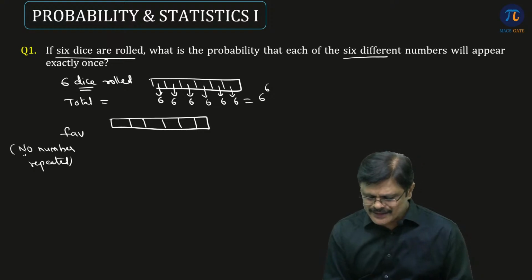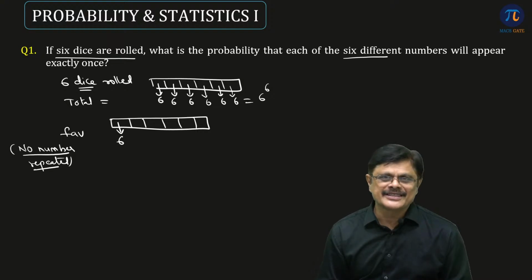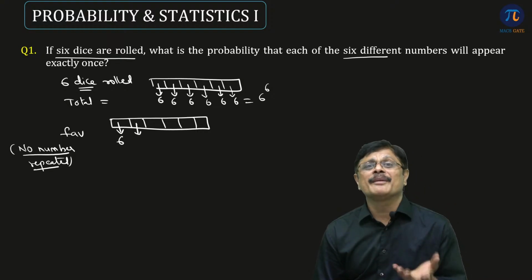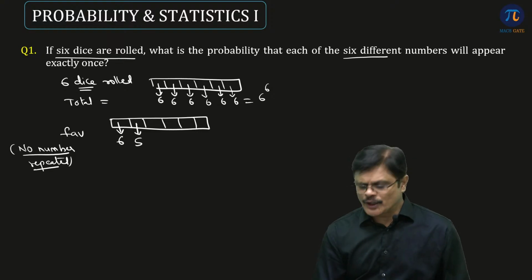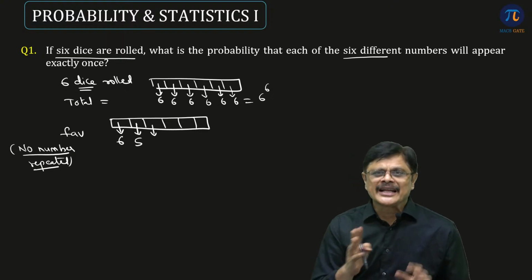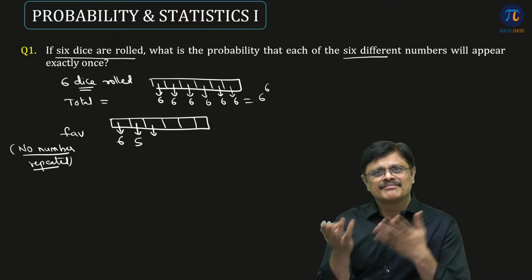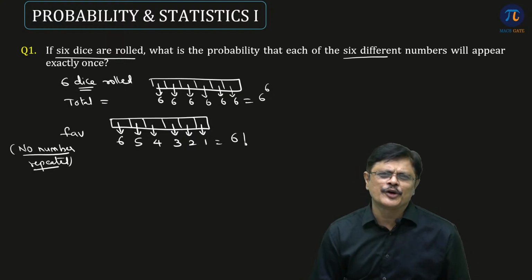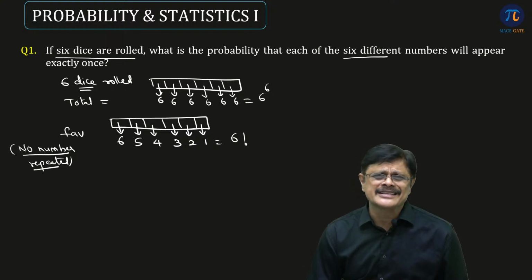So here you want all the numbers to be different. On the first die, there are 6 possibilities. Suppose you got 5. On the second die, you cannot get 5. Remaining 5 possibilities. On the third one, other than the first 2 answers, remaining 4 possibilities. On this, 3 possibilities. On this, 2 possibilities. On this, 1 possibility. That is 6 into 5 into 4 into 3 into 2 into 1, which can be written as 6 factorial.